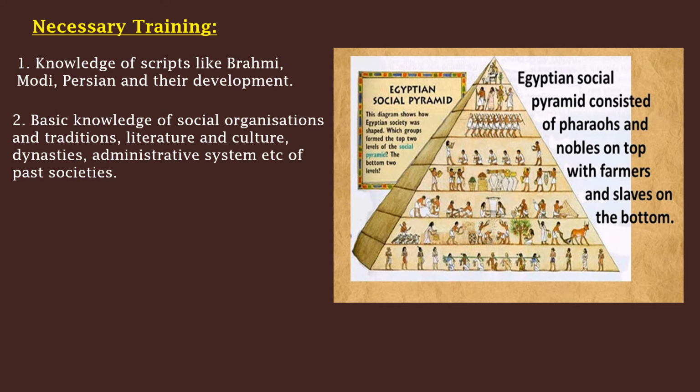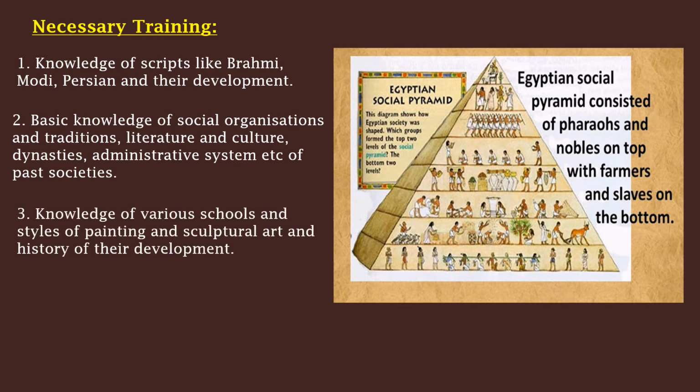Every age has its reflection of existing society. Knowledge of social order and structure of ancient societies helps in understanding the society and the culture of ancient people. Then knowledge of various schools and styles of painting and sculptural art and history of their development.